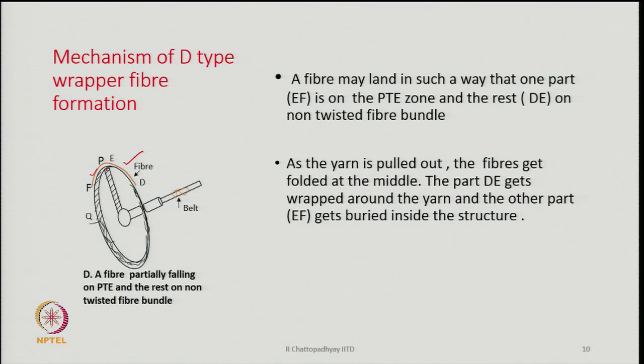Let us say in this case the EF part of the fiber is going to form sheath fiber, because the EF part is all landing on the peripheral twist extent zone, where fibers are already twisted to some extent. Now, this part of the fiber will receive a little bit of twist and a kind of wrapping will be there.